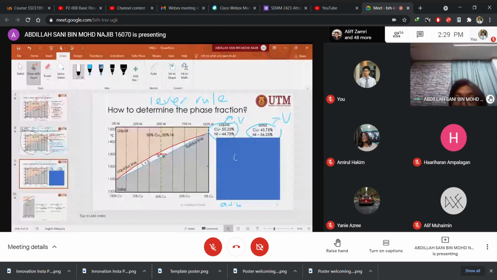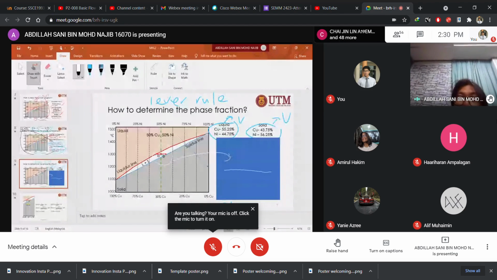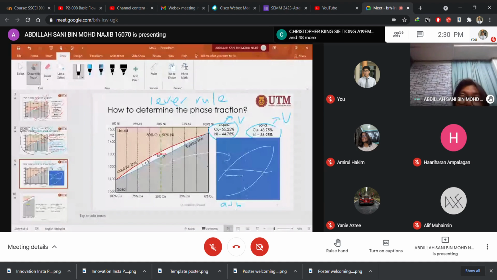We have this line, then you have this curve. This part is A, this part is B, so the total length is A plus B. This is the liquid, this is the solid.